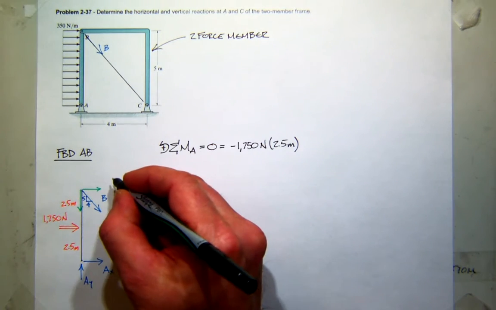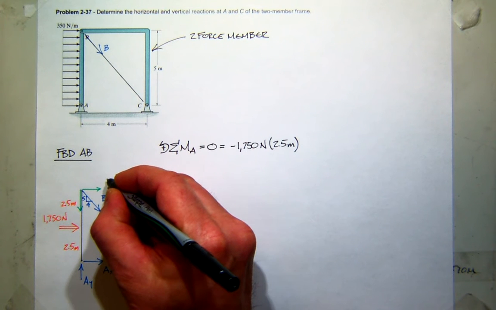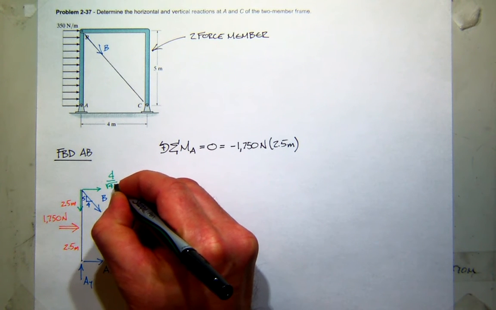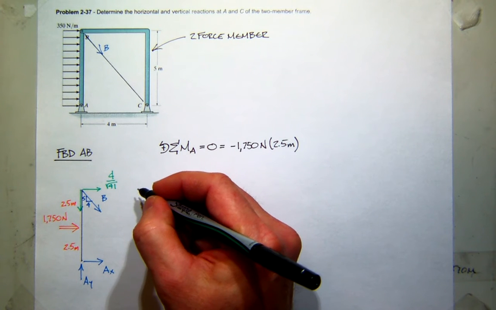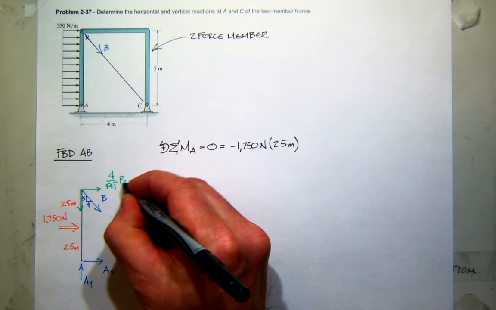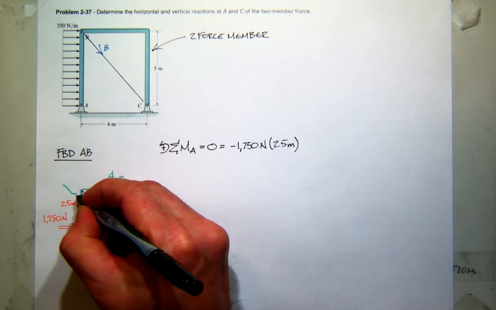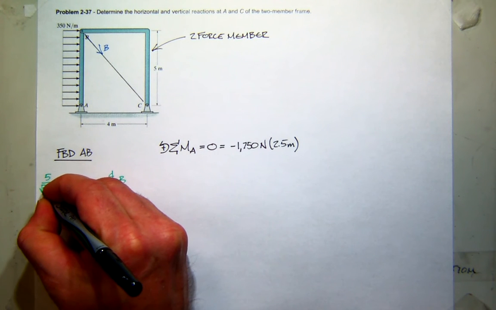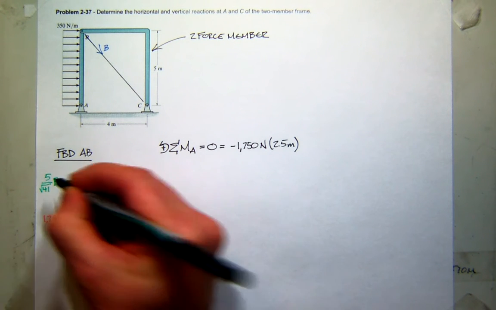So it would be, you're going to love this, 4 over the square root of 41 times B. And what would this component be? 5 over the square root of 41 B.